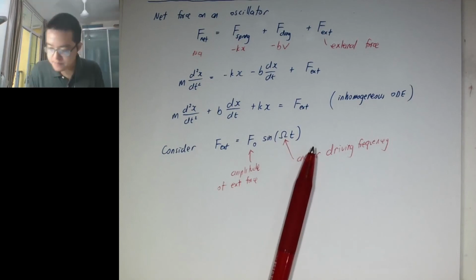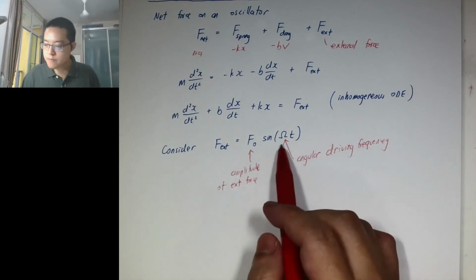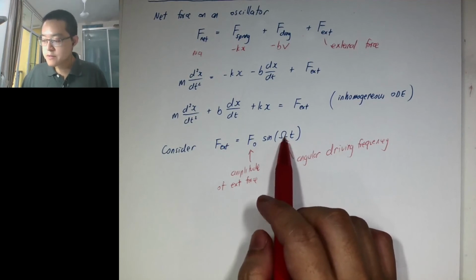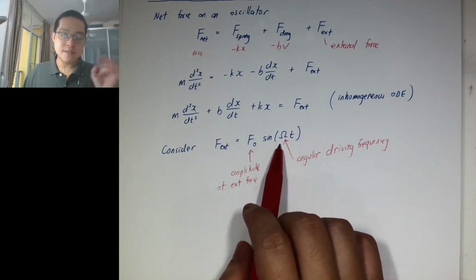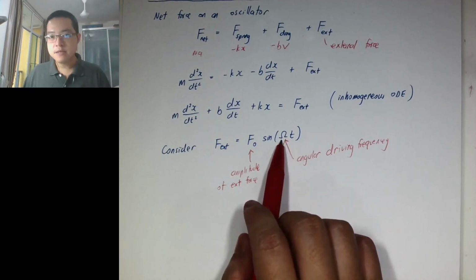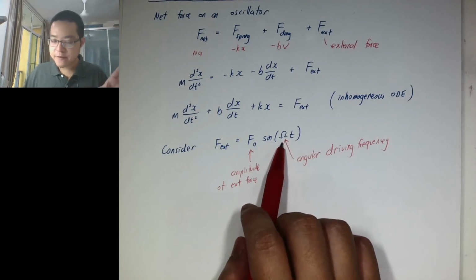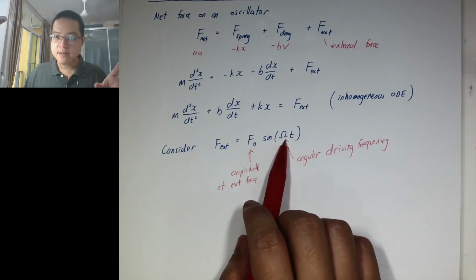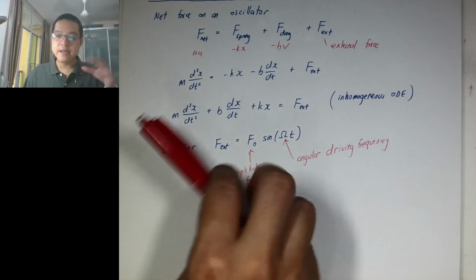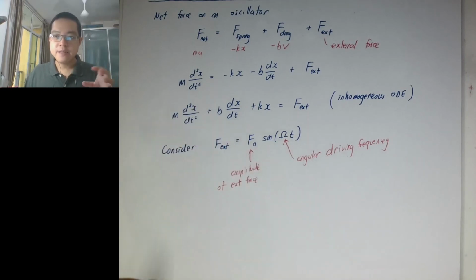If the two frequencies are the same, that is what we call resonance. If the two frequencies are different, then it is sort of working against the spring, and it will cause the spring to vibrate less.